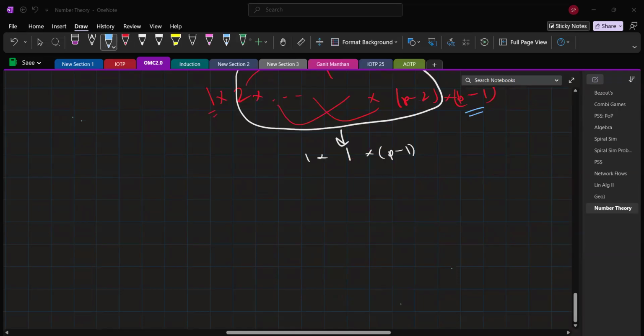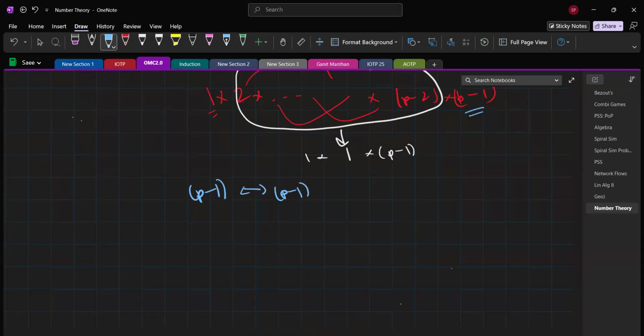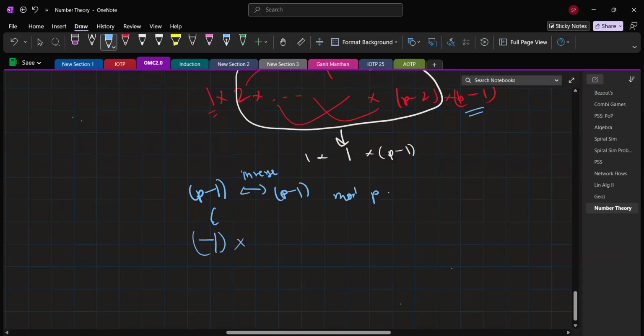You want to show that (p minus 1) squared is congruent to 1 mod p. Yes, p minus 1 is in fact essentially just minus 1. So minus 1 times minus 1 we know is 1 mod p. So p minus 1 is its own inverse, and 1 is its own inverse.